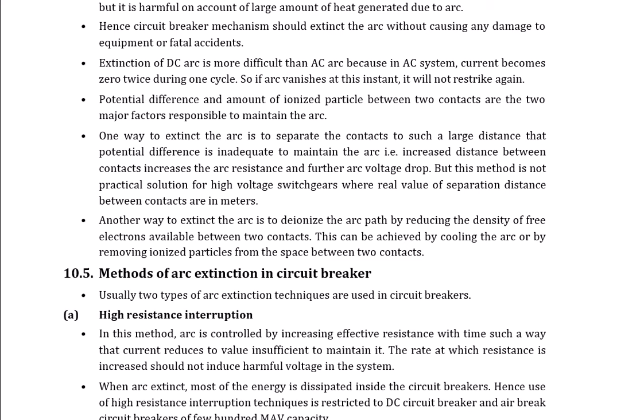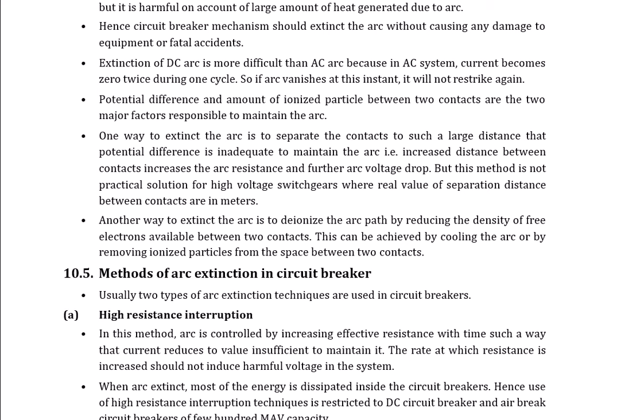So we have a chance in AC system that we can suppress this arc while our current is crossing zero. We have two chances, because current becomes zero twice during one cycle. But in DC we don't have anything like that. So extinction of DC arc is more difficult.